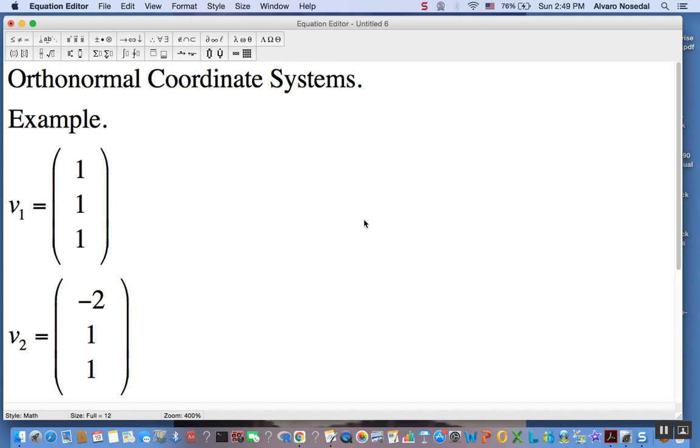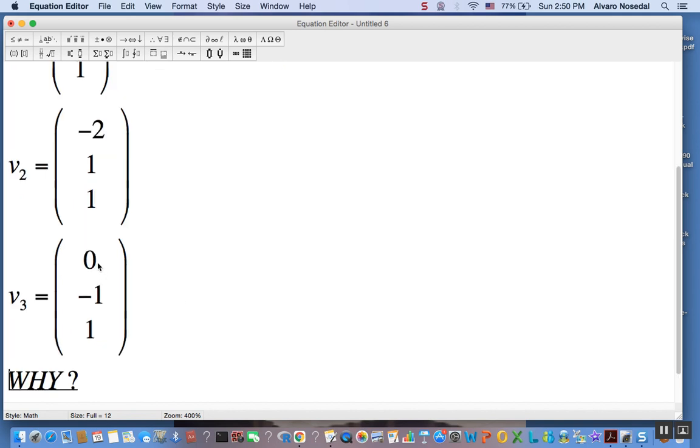In this case, the inner product that we're going to be using is the Euclidean inner product between vectors. So the first vector is 1, 1, 1. Remember that we think of vectors as column vectors. The next one is -2, 1, 1, and the third one is 0, -1, and 1.